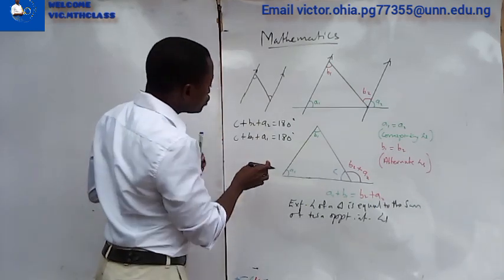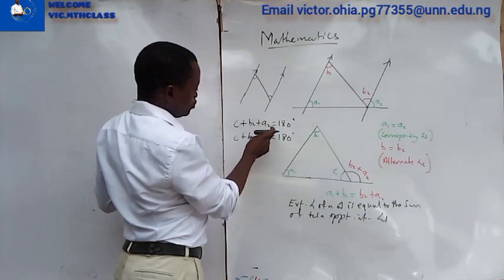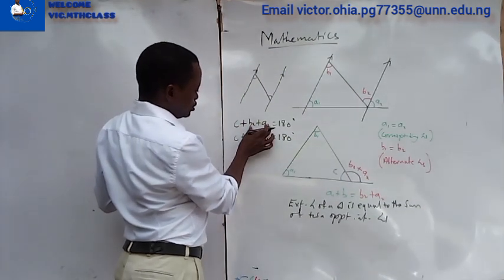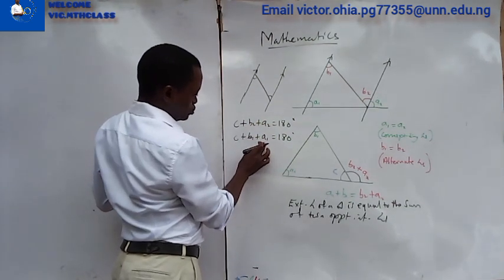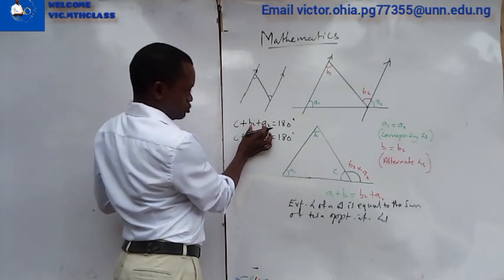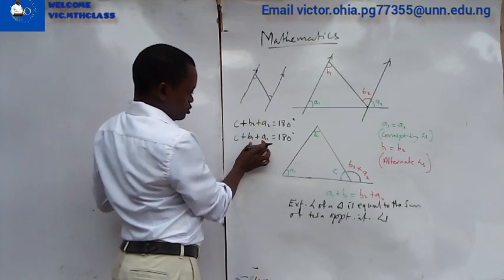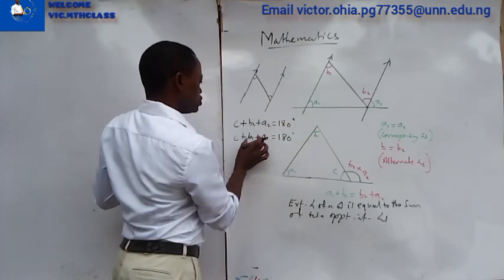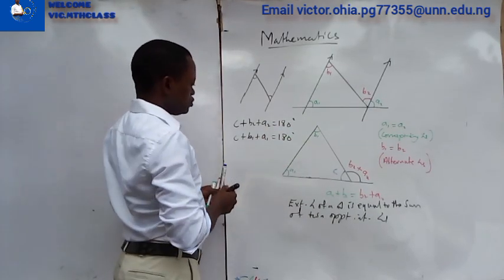Now, if you look carefully at this, that C is here and this is this, and C is here, and this 2 now is this 2. And if this C and these 2 angles make up 180 degrees, and C is here again, and the same thing repeated, then we can conclude that this, which is 180 degrees, also must be 180 degrees. I don't know if that is very clear to us.